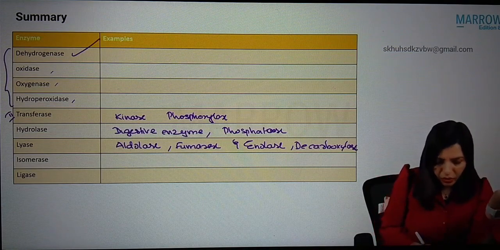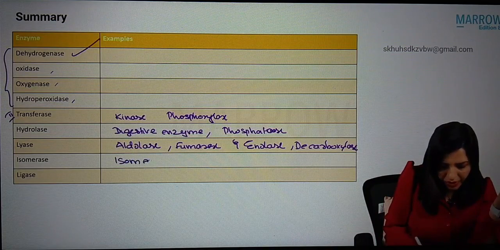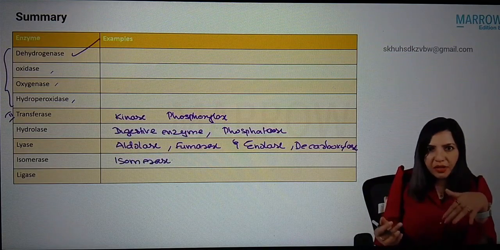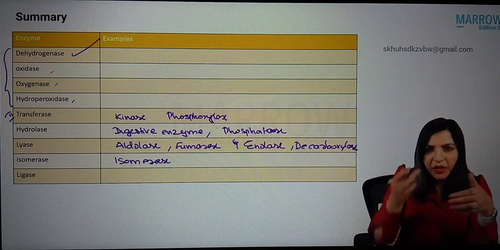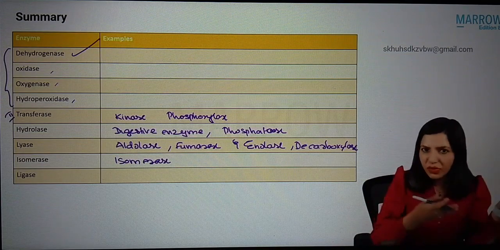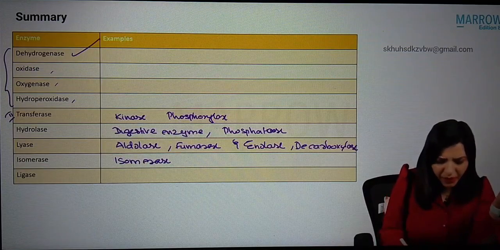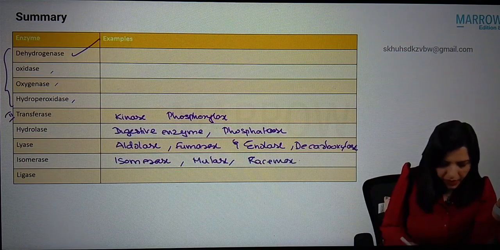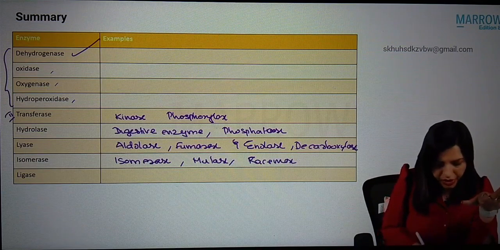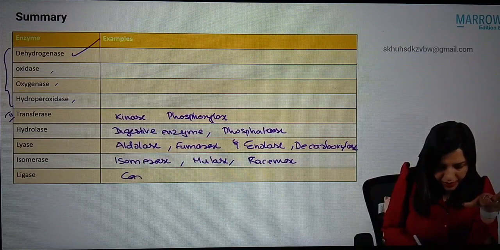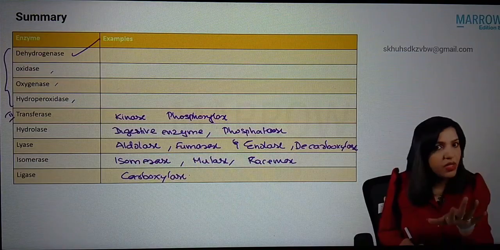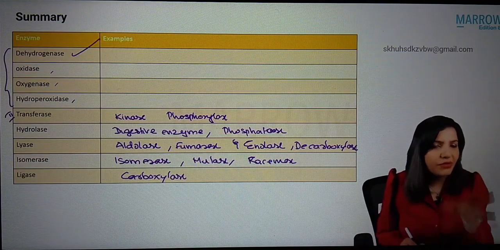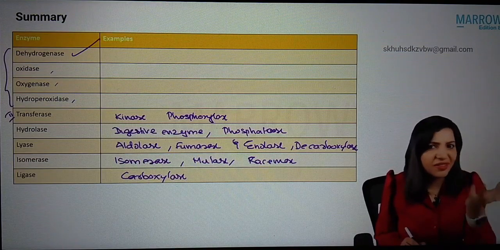Then comes the isomerase, where we have learned isomerase itself, where it is forming its structural isomer, where we have seen glucose 6-phosphate to fructose 6-phosphate, etc. Then we learn about mutase and racemase. Then ligases is joining of two substrates, where we have learned the example of carboxylase. 3 examples of carboxylase, they are all coming as like 3 alphabets are required for all these carboxylases, that is ABC.